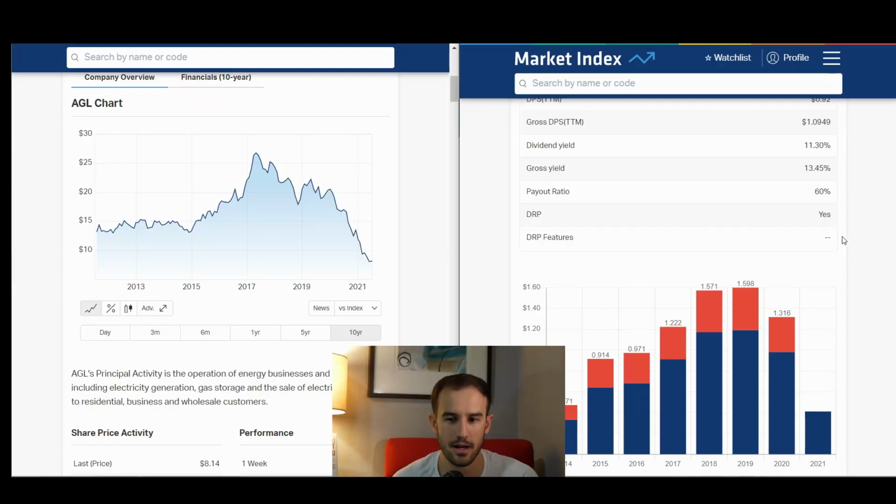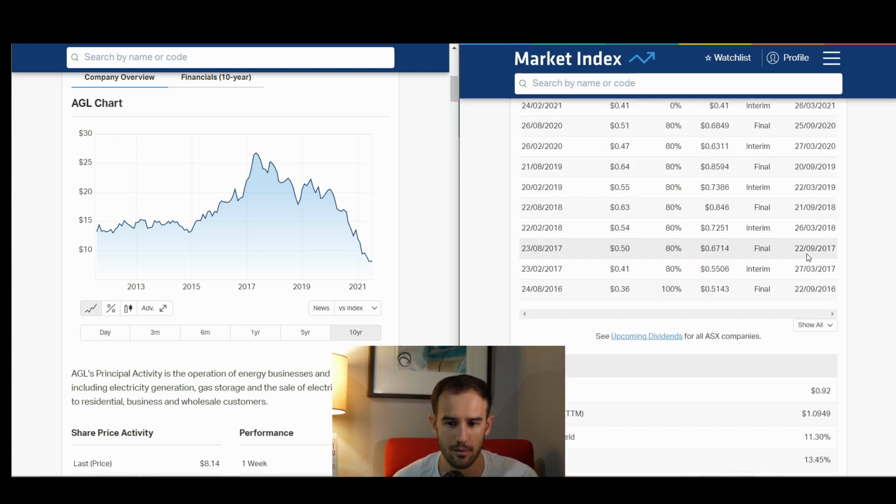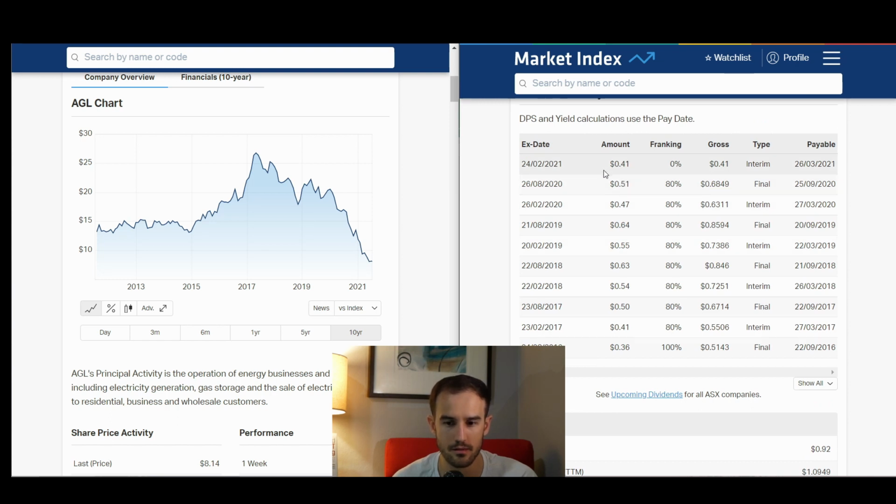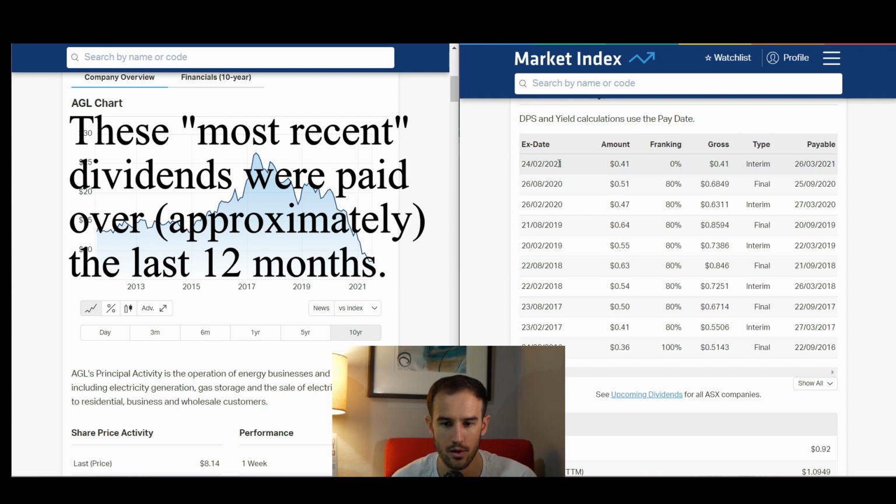First of all, let's find out how the 11.3% is calculated, and this will really help you guys understand what I mean with my original definition. So let's scroll up here and take the most recently paid 2 dividends, which were paid on the 26th of March 2021 and the 25th of September 2020.